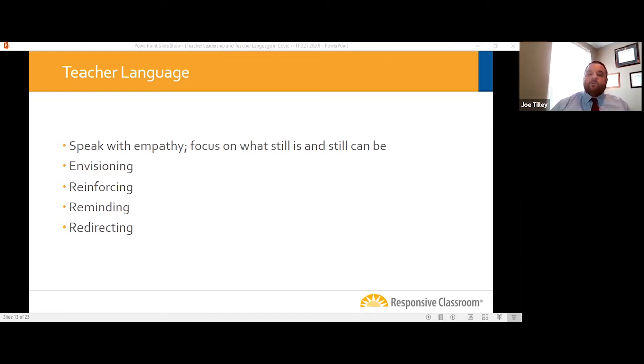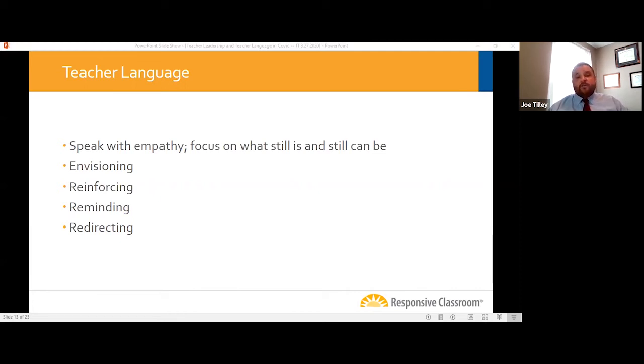Focusing on what those skills are that are really positive is going to be incredibly important during this time. Being able to notice things in the classroom that's socially distanced. Today I noticed that all of you stayed in your seat and you worked together, but you didn't invade somebody else's personal space. Really focusing on what those skills are that they're doing well and reinforcing it, and remembering to use I notice language.